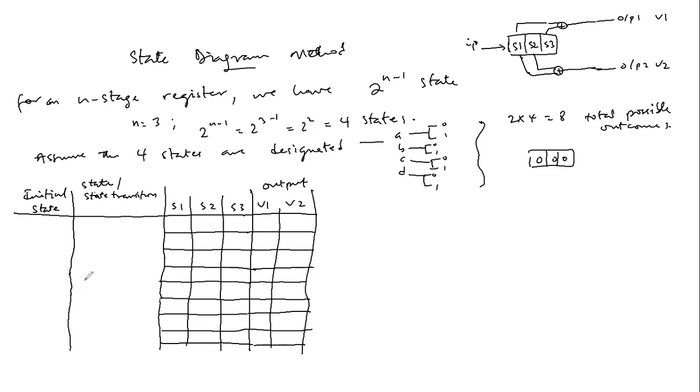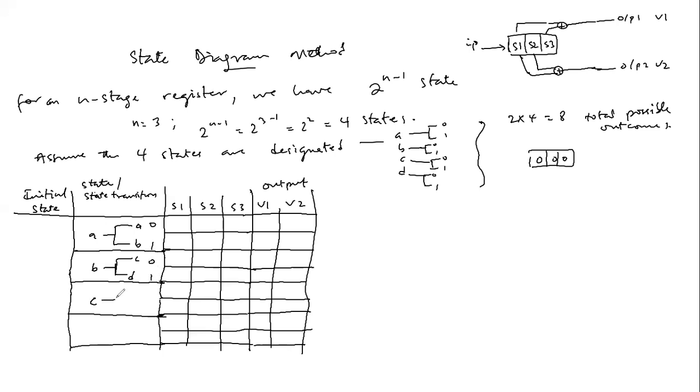Now, from here, we know each state can take on two possible outcomes. It's either it emits a 0 or a 1, okay? So for A, it can either emit a 0 or a 1, so it can connect with A, it can connect with B. Now for B, it can connect with state C or state D. It can emit a 0 here or a 1, a 0 here or a 1 here.